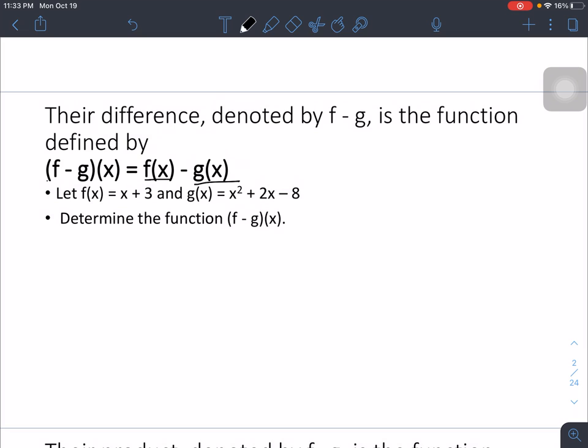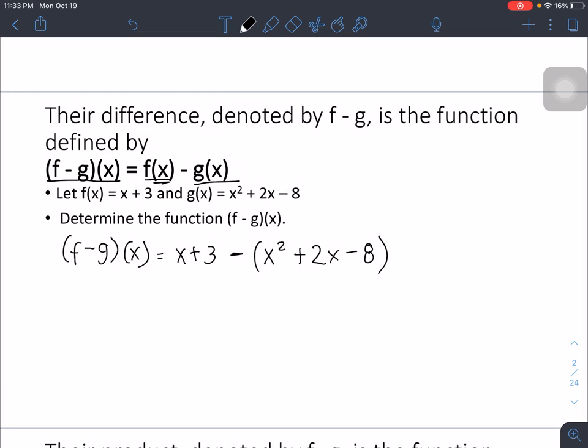If we are given this operation, we just need to subtract the g of x function from the f of x function. So let us try. Given that f of x is equal to x plus 3, subtract the g of x function, so we will be having x squared plus 2x minus 8.